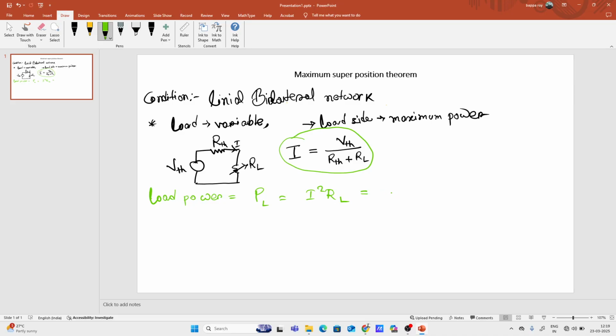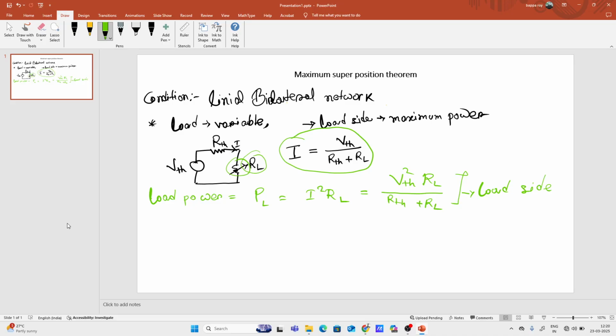So what will it come to? PL equals VTH square RL divided by RTH plus RL whole square. This is the load power, meaning at the load side. Load means this RL side, where in the question they have asked me to find voltage or current or whatever. That is the load side.